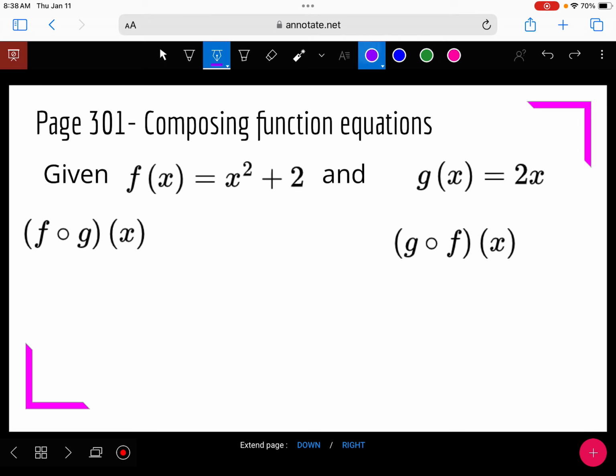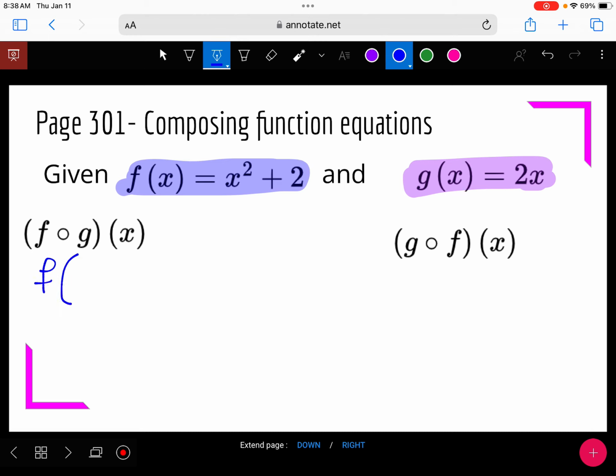So we're still going to treat it exactly the same way. We're going to take our f of x and our g of x, and we're going to make them substitute into each other. So here we have f of g of x.